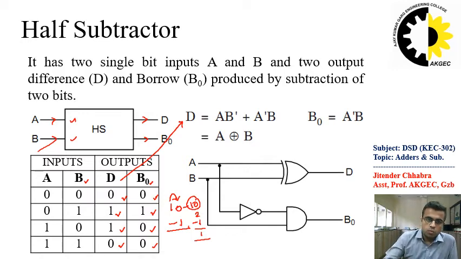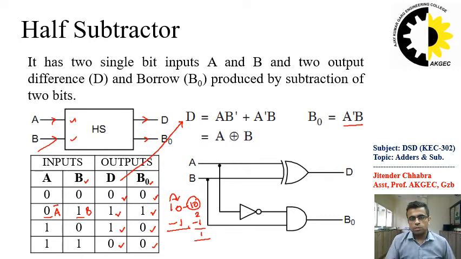Now this one in borrow corresponds to A equal to 0 and B equal to 1. So we can consider that A will be bar only, and B will be non-bar. So A bar B. So that's why we have written here B naught is equal to A bar B.